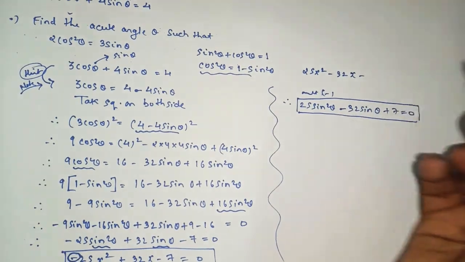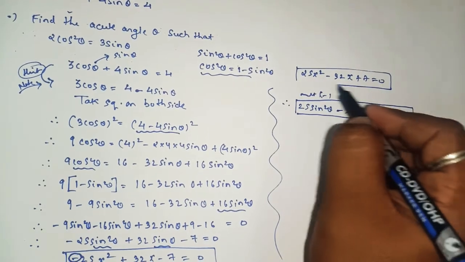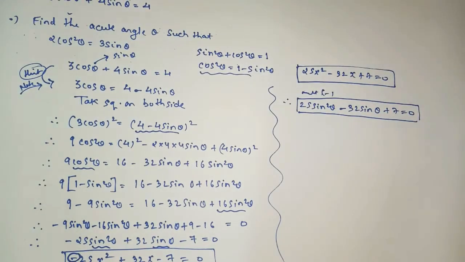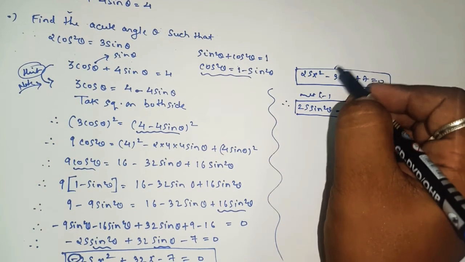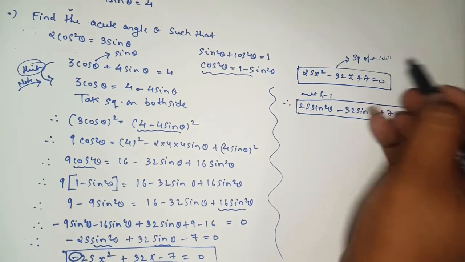So this looks like a proper quadratic equation, and we can solve it further by the factorization method, that means splitting of the middle term.